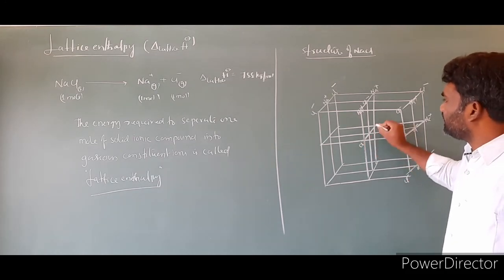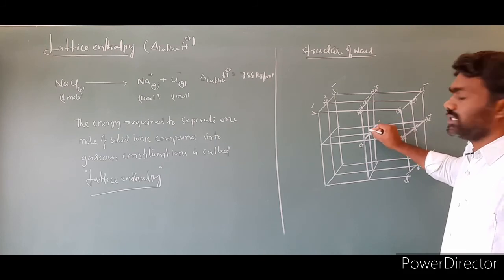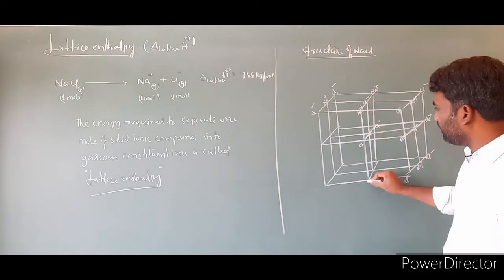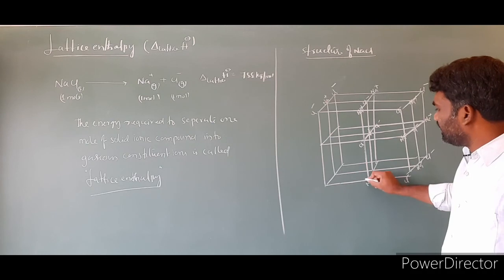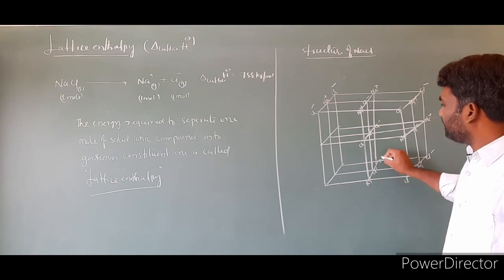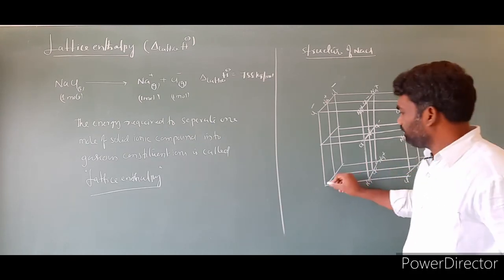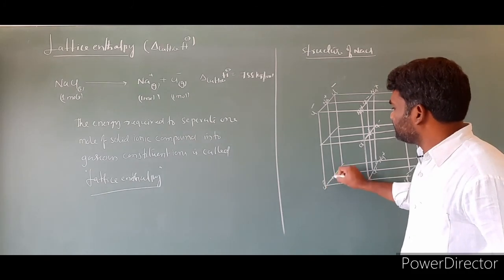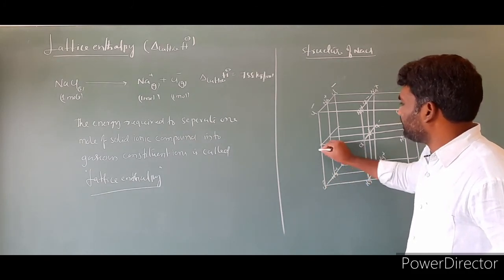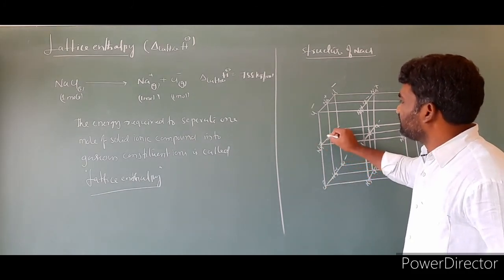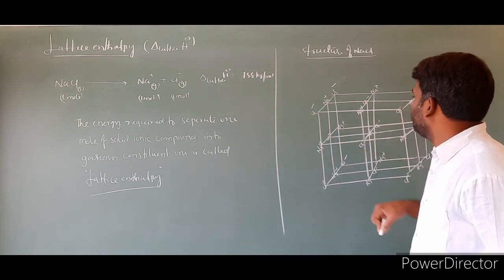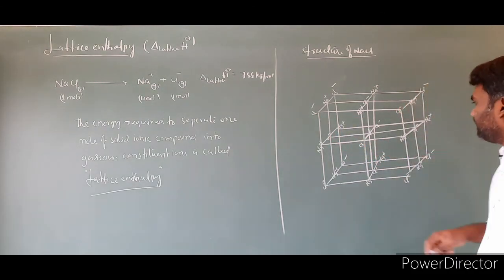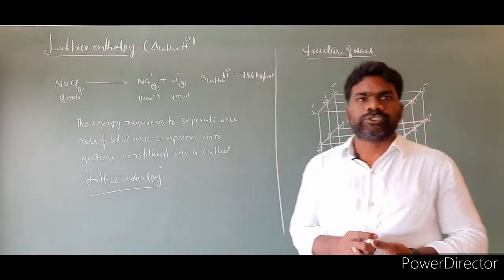Here is Cl minus, here is Cl minus, here is Na plus. Similarly here is Na plus, Cl minus, Na plus. Here is Cl minus, Na plus, Cl minus. Na plus, Cl minus, Na plus. So this is the arrangement of positive ions and negative ions.